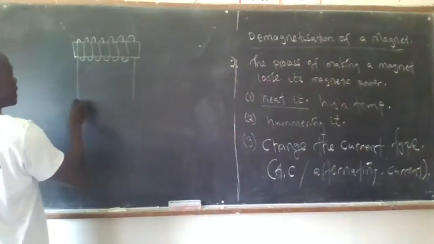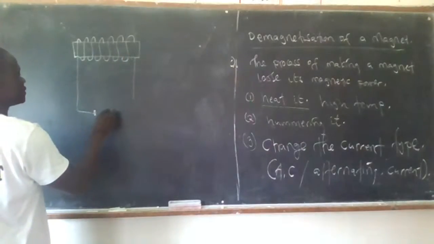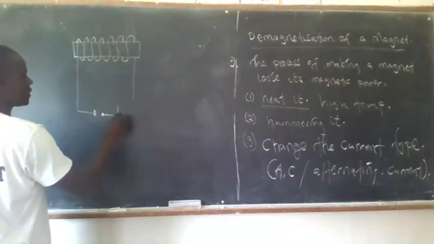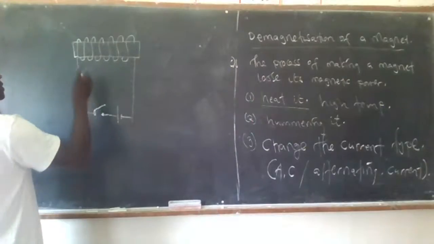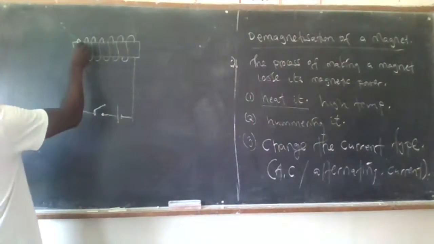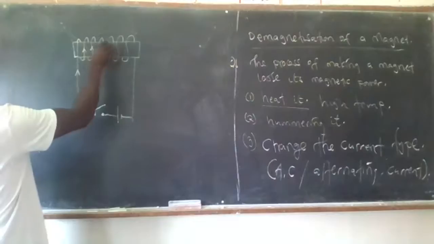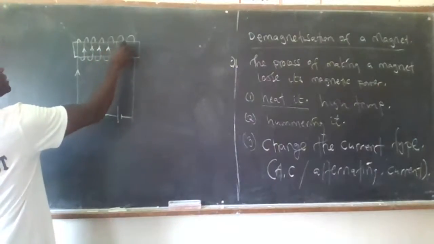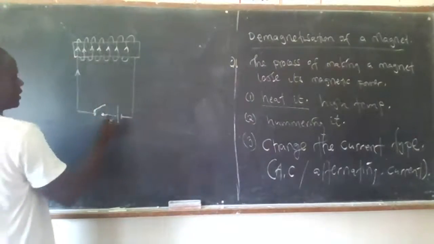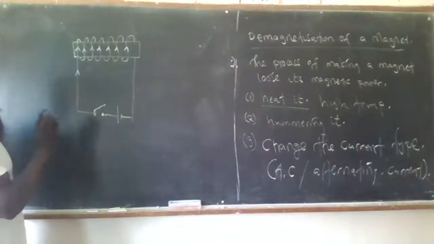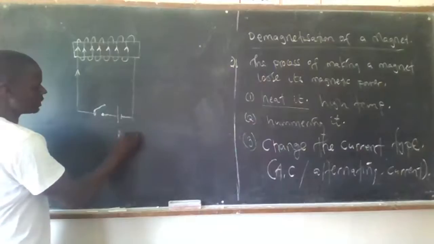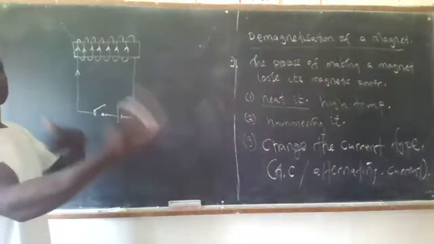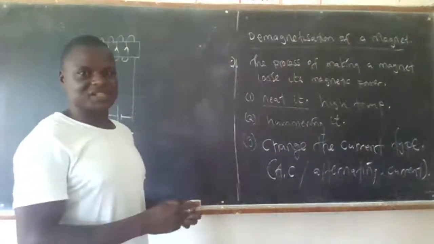Now, this solenoid here, open switch. This is a power supply, open switch. Now, if we say current is moving in that direction, instead of having DC, you're going to use alternating current, which is able to change the direction 50 times per second.